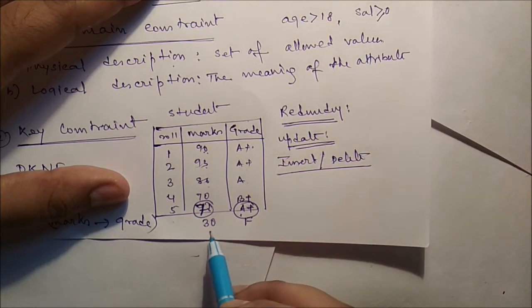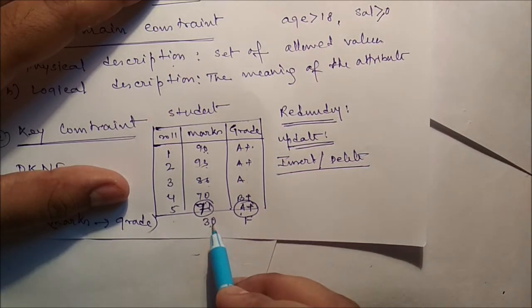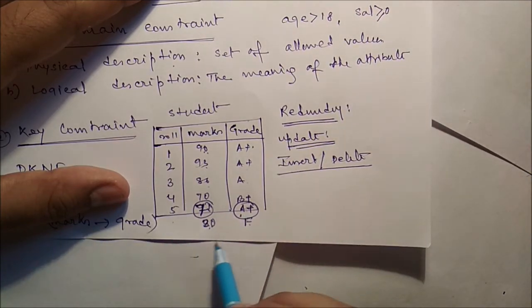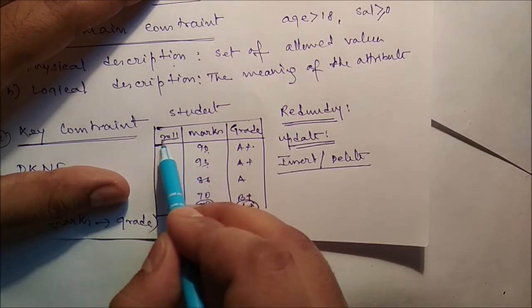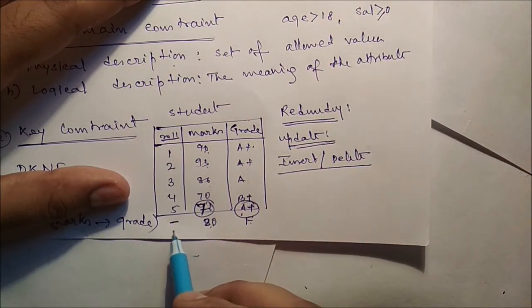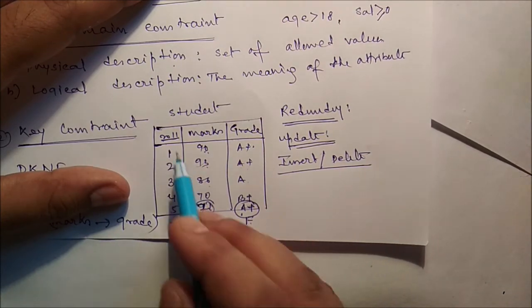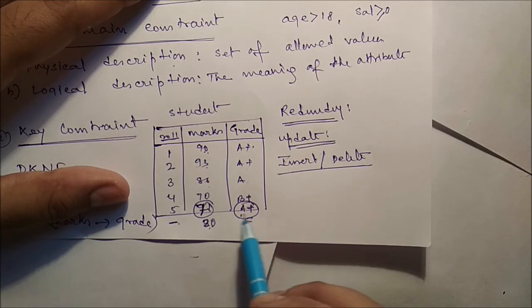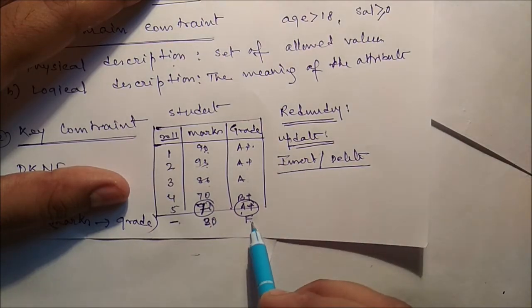So if a student got 30 marks or less than 30, or say 20 marks, it is failed. This particular information we cannot insert because roll is the primary key. Here we cannot put blank or null because roll number should not be null. So we cannot put this information that if the marks is less than 30, it is failed.